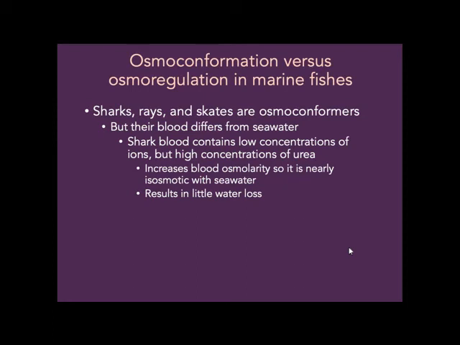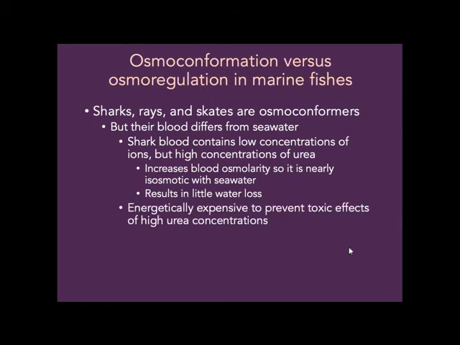And so as a result, even though there's urea in the blood and salt water outside of the shark, this causes very little water loss because the net concentration of solutes is the same inside the shark as outside of the shark, even though they're different solutes.